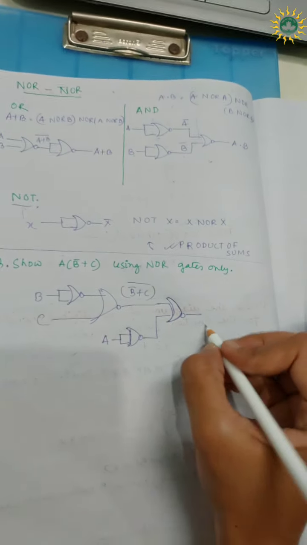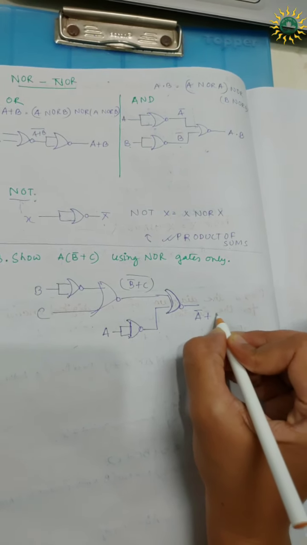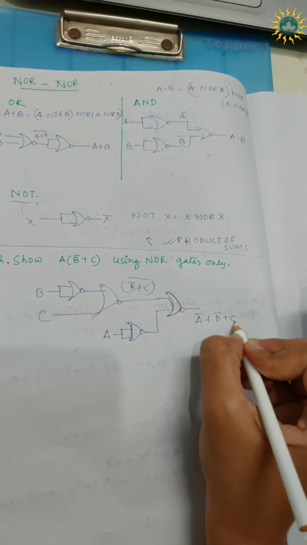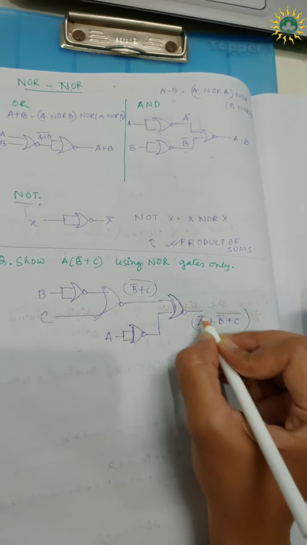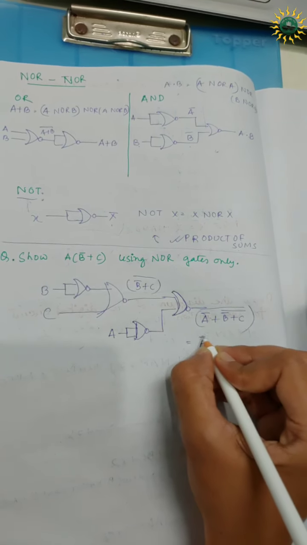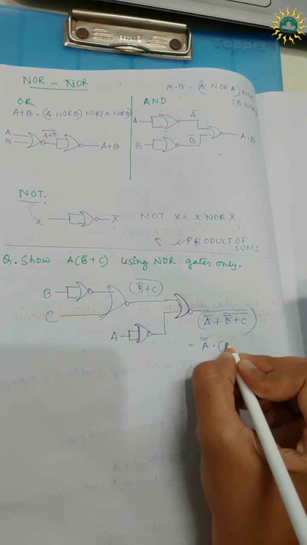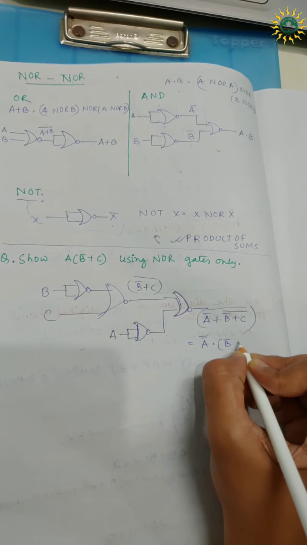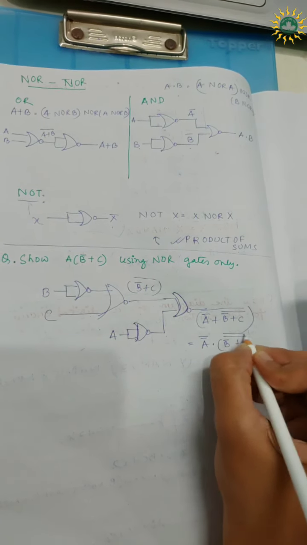I'll show you why. This gives you A bar plus B bar plus C whole bar, with a bar over it. For that we break this into A bar bar dot B bar plus C bar bar, double bar.